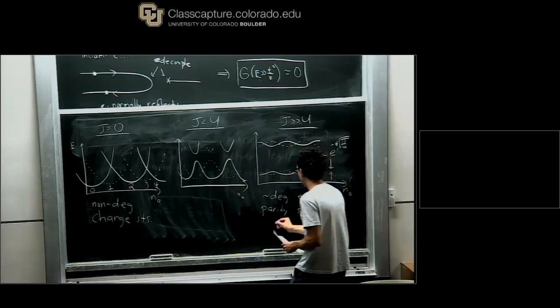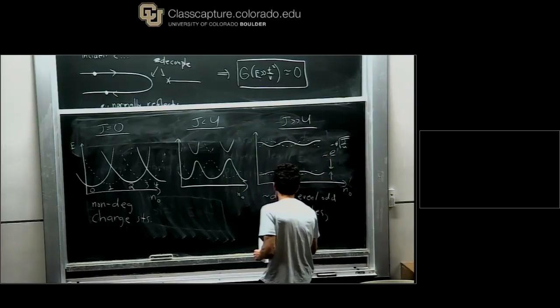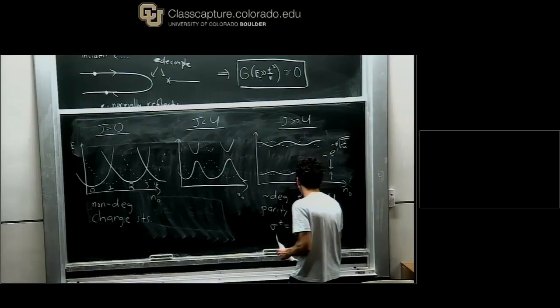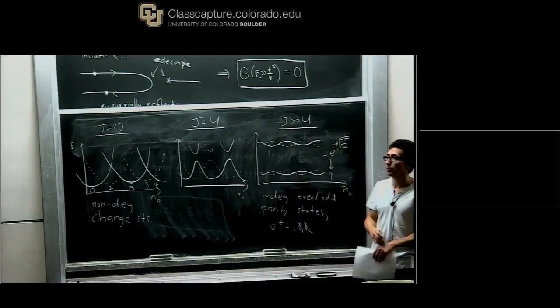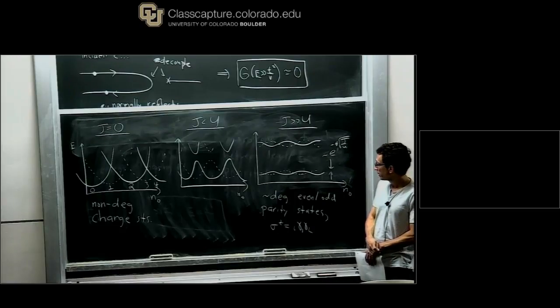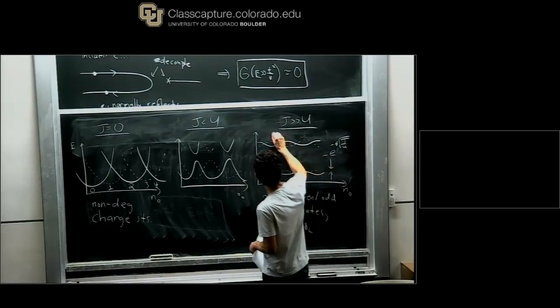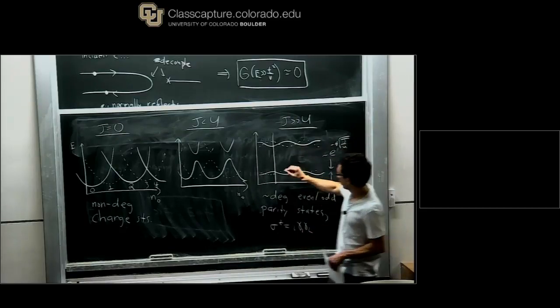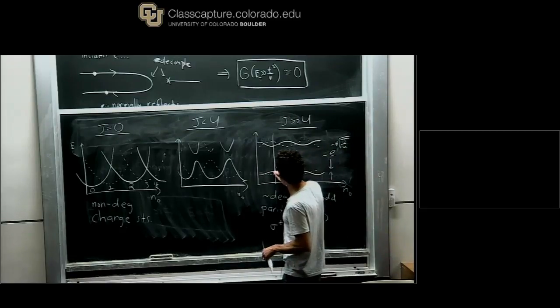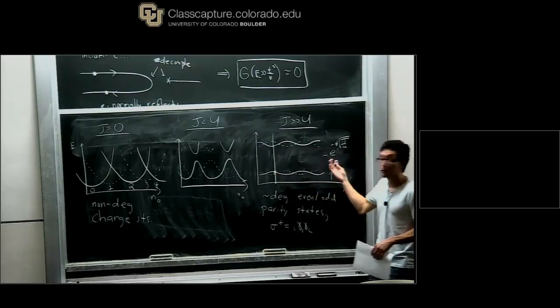Those even and odd parity states correspond to values of sigma z, which as usual is i gamma 1 gamma 2, being plus or minus 1. Okay, so let's now imagine that you park yourself at some particular value of n0, and suppose that you initialize your system in the even parity state.